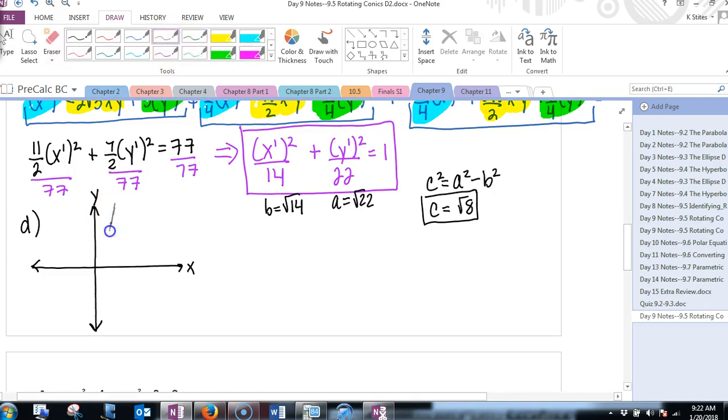Just do the best you can. I'm going to use gray here. Oh boy, I'm having a hard time drawing a straight line through the origin. We'll go this way. Okay, we'll just pretend that's straight. It really should be dotted, but it's going to be good enough.